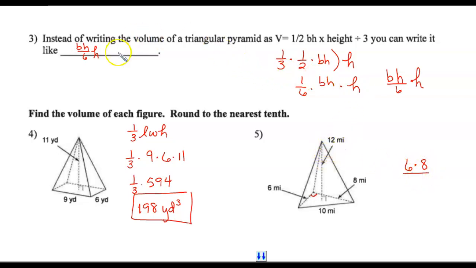And remember, we did this where it was 1/6 of it, so we're going to divide that by 6, and then we're going to multiply the whole thing by 12. So if I have 6 times 8, it's 48, divided by 6, I get 8, and so then I have 8 times 12, which is 96. So it is 96 cubic miles. That's a very big triangle.